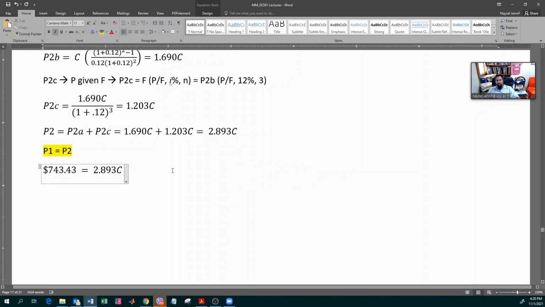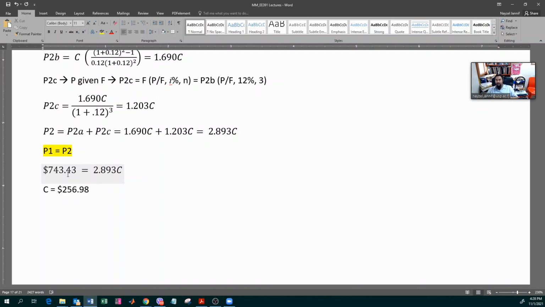So therefore, simple mathematics, can you tell me what C is equal to? $256. I trust 3 or 4 people giving the same answer. So therefore, that is equal to that. All right? That's how you do this problem, guys.